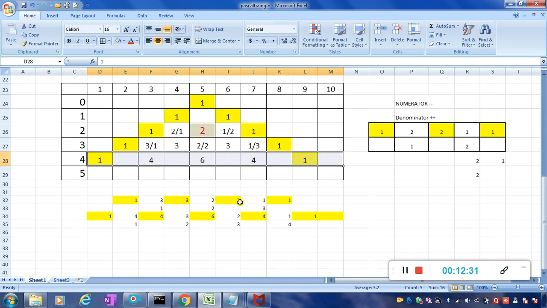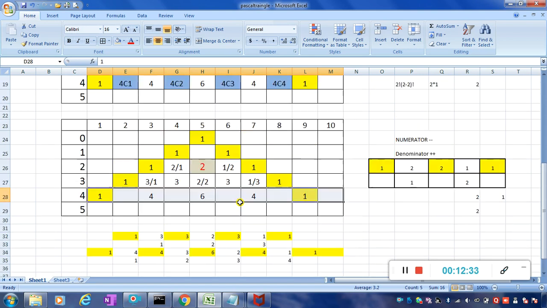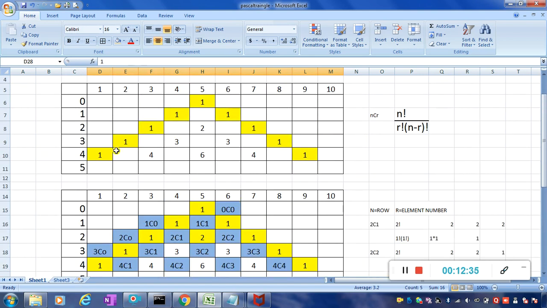Now before we start the program, if you observe, this pattern is similar to the star pattern.